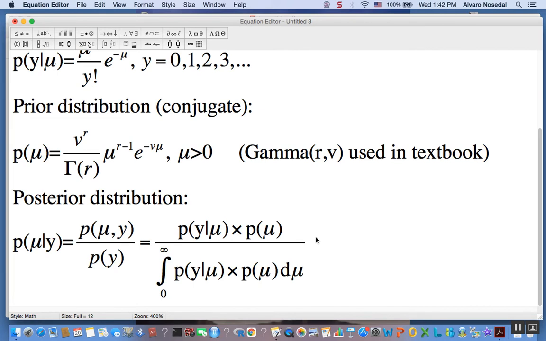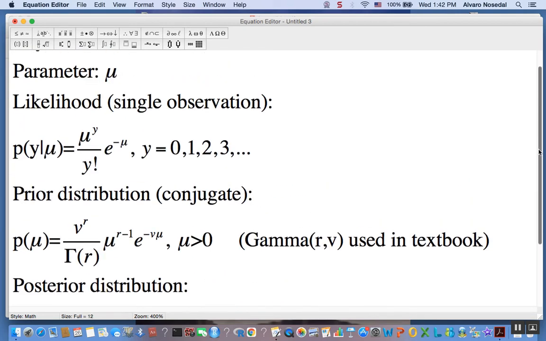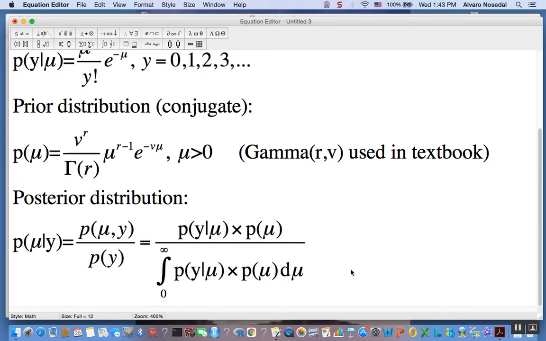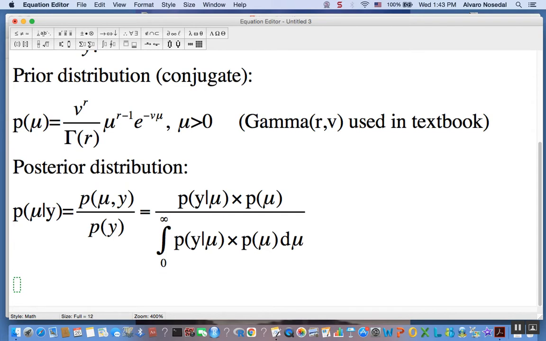Got it? Okay. So the numerator is not a problem, right? It will be just the product between this guy and this guy, right? So let me refer to that product as the numerator.